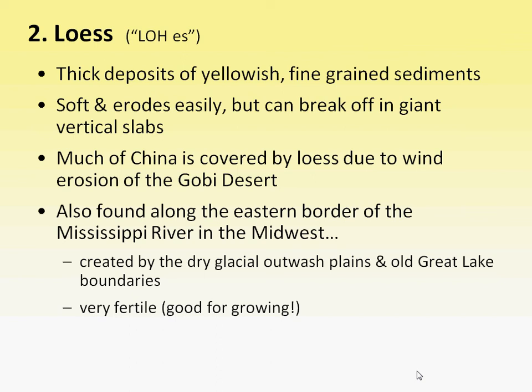Loess is a really, really fine, powdery sediment. Now, the reason why we are who we are, where we're at as farming communities, is because of the glacial loess. Where'd that come from? Pulverized rock, rock flour. Rock flour goes into making the loess.